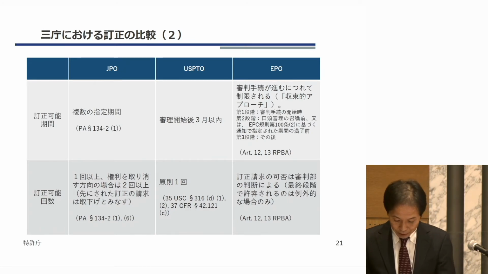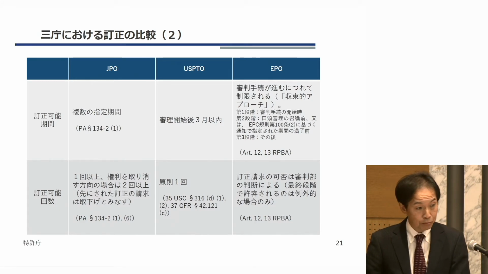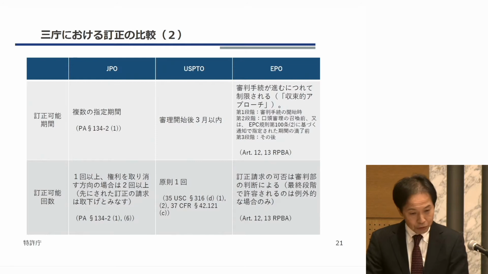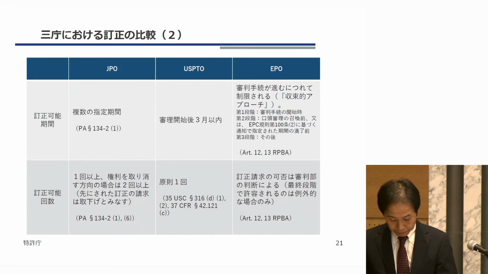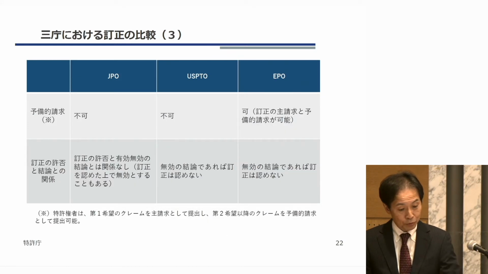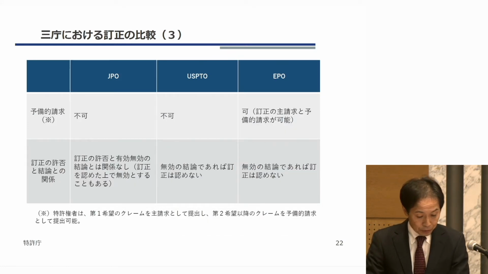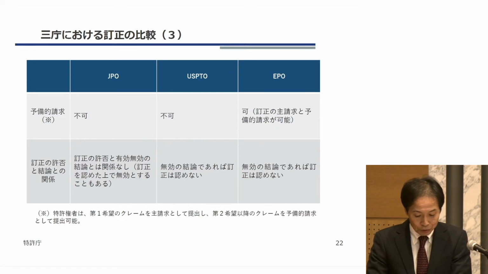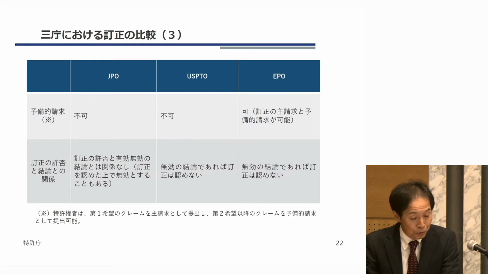And I'm sure for Europe, we're going to hear in our discussion later, after the amendment to the rules in Europe in 2020, the opportunity to make corrections is restricted as the proceedings advance. The number of corrections permitted in Japan is more than 1, as you can see here. Then finally, to compare corrections, this is an auxiliary request for corrections, which is a second correction stage.